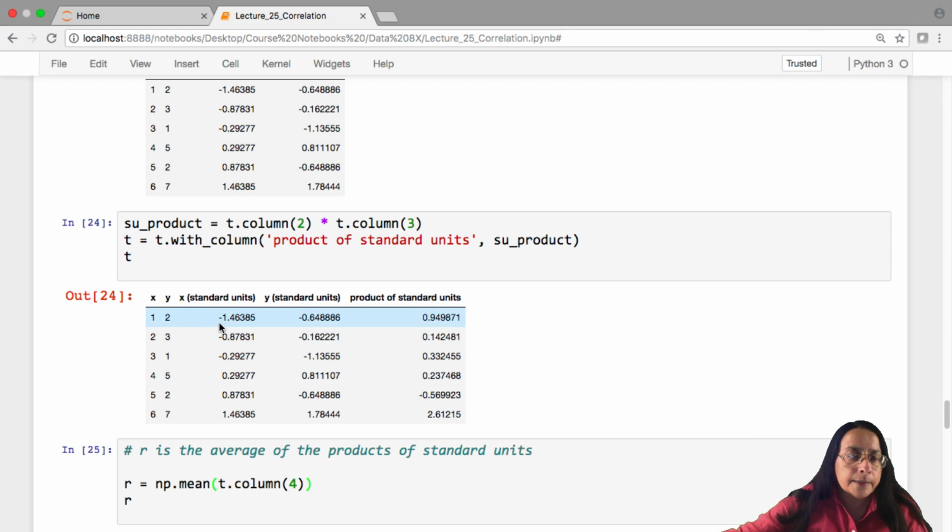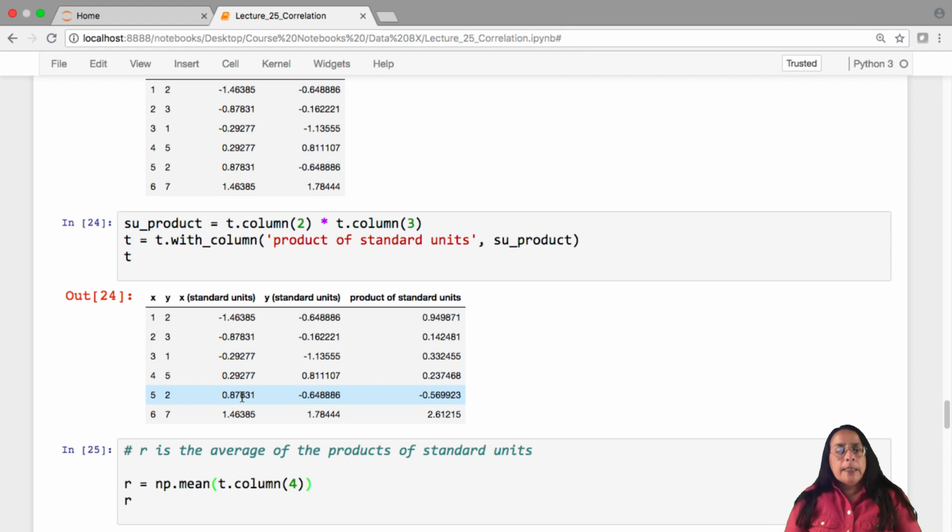That's the signs of these two standard units. X was negative in standard units, as was y. When you multiply, you get plus. Here, both values were positive in standard units. When you multiply, you also get plus. You only get minus when one of the variables is above average in standard units and the other one is below. This helps R get the right sign.